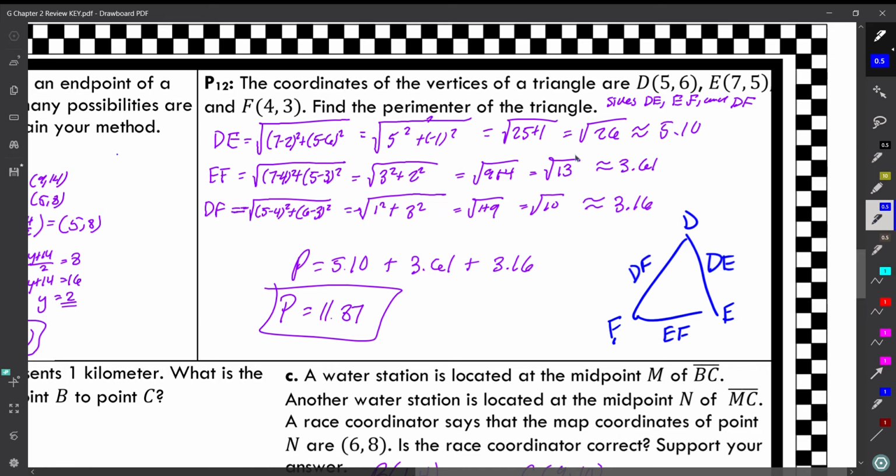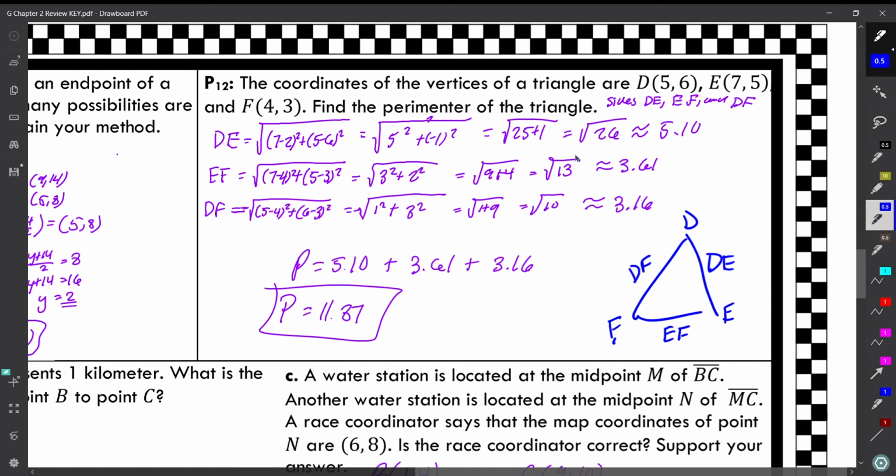Find the length of them. If they're plotted on a coordinate plane, we have their coordinates. To find DE or DF, you would just plug the coordinates into the distance formula. Once we've found the 3 lengths, we are going to add them up, because that is what perimeter is. It's the sum all the way around the shape, which is the sum of the lengths of all 3 sides.